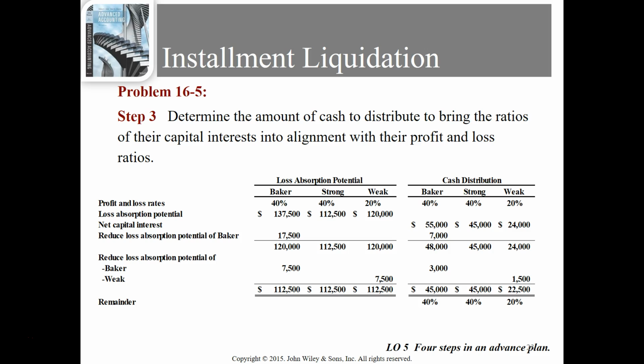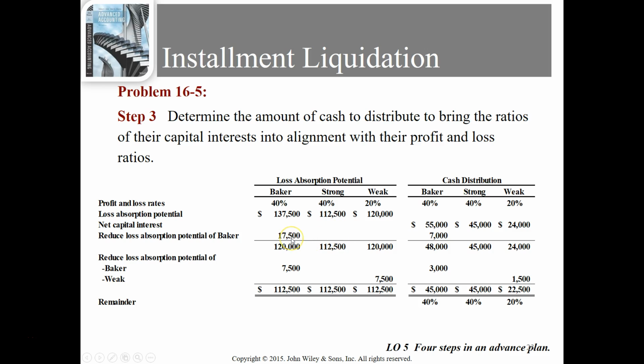Determine the amount of cash to distribute to bring the ratios of their capital interest into alignment with their profit and loss ratios. So, the next challenge is as follows. New schedule, loss absorption power, cash distribution.